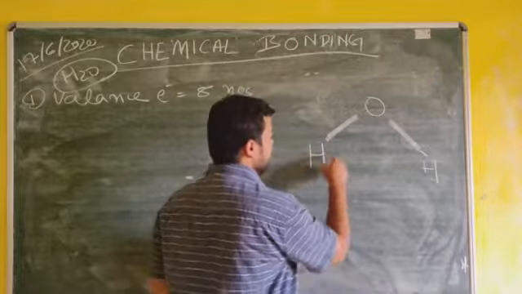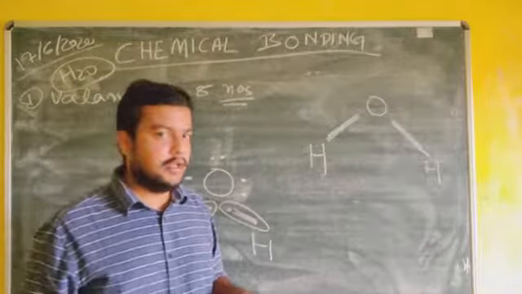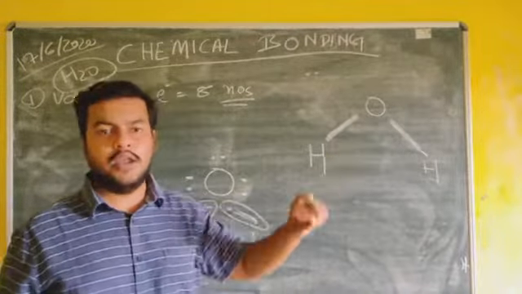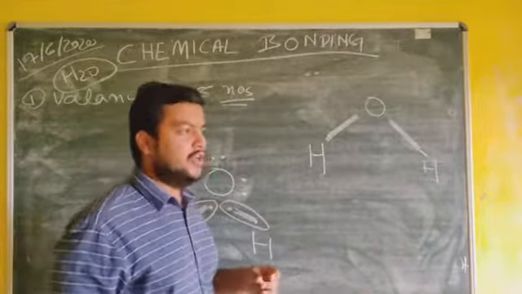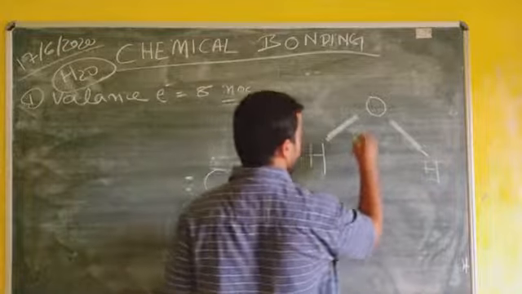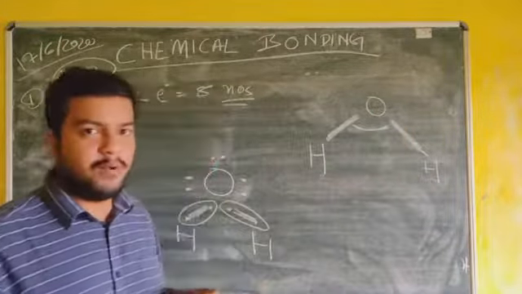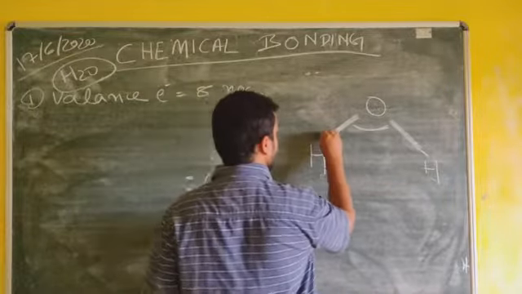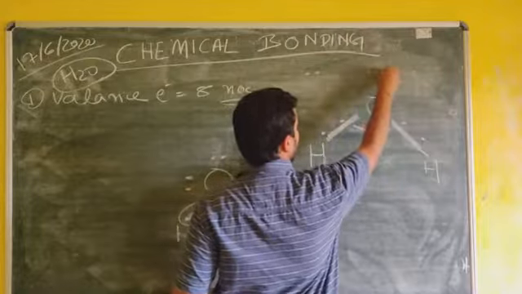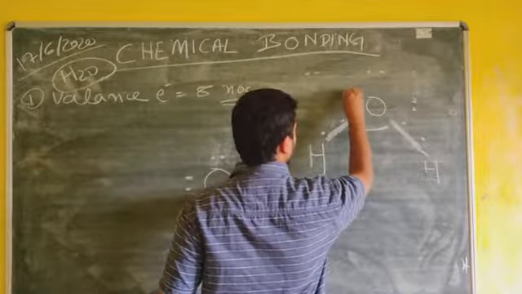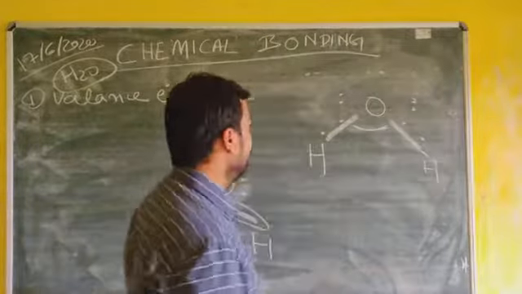So now all the atoms have completed their octet. Hydrogen got 2 electrons, oxygen got 8 electrons. So we can actually find the angle between these two bonds by calculating the repulsion of the electrons, because there is one electron pair here and there are more electron pairs present in oxygen, because there are 6 more electrons.